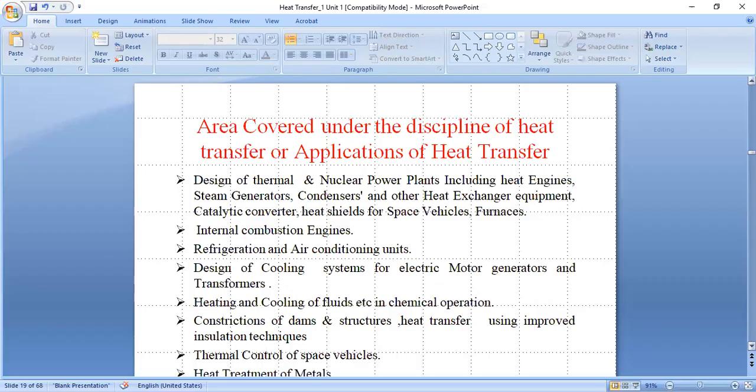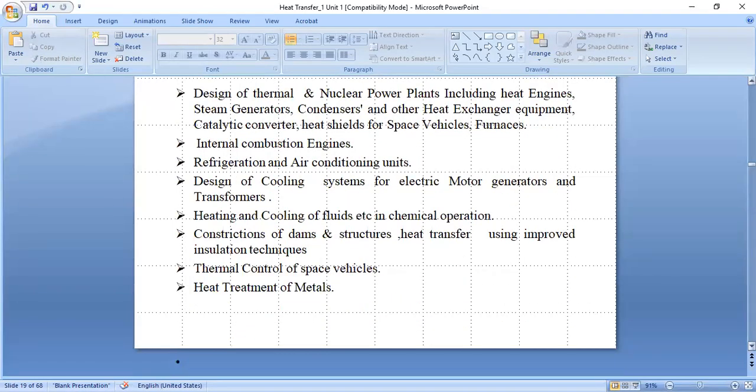First, design of thermal and nuclear power plants, including heat engines, steam generators, condensers, and other heat exchanger equipment, catalytic converters, heat shields for space vehicles, furnaces, internal combustion engines, refrigeration and air conditioning units, design of cooling systems for electric motors, generators and transformers, heating and cooling of fluids in chemical operations, construction of dam structures, heat transfer using improved insulation techniques, thermal control of space vehicles, and heat treatment of metals.